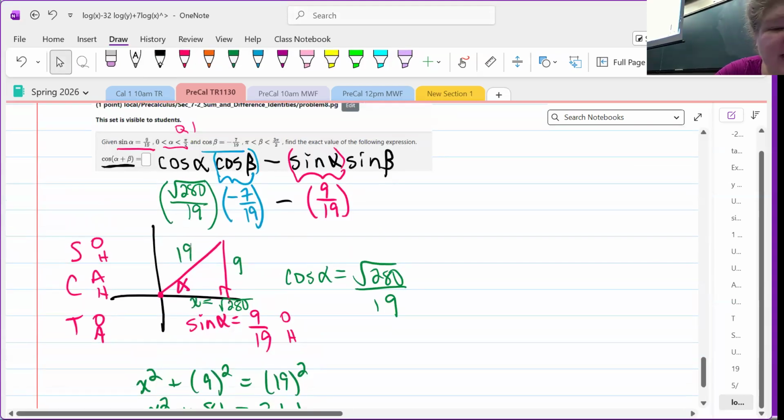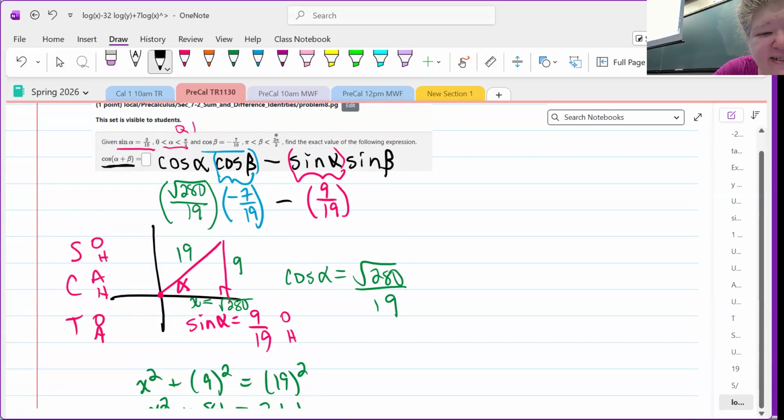All right, now same song, second verse. We know the cosine of beta is negative 7/19, and they're telling us beta is between pi and 3 pi over 2. So pi is our negative y-axis, 3 pi over 2 is our negative x-axis. So this is quadrant 3.